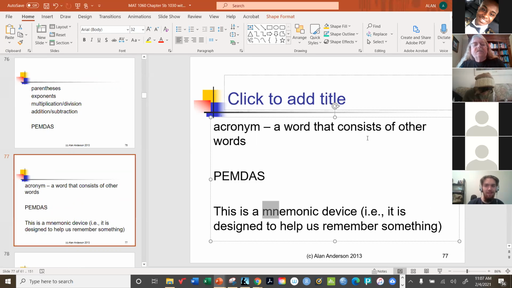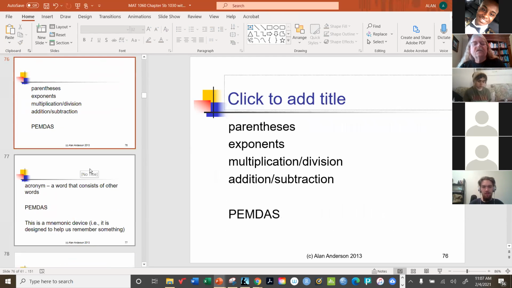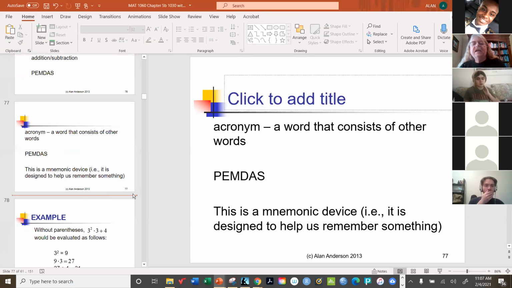Now, I asked the other class about this one, and many of them did not know it. This is another acronym, and it's a mnemonic device that you may have learned in science class. I'm going to write it down, and for the fun of it, let's see who knows what this refers to.